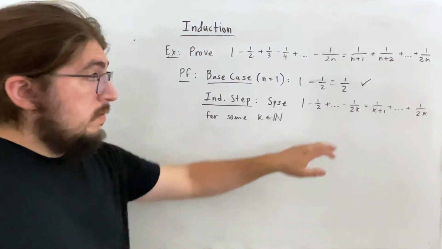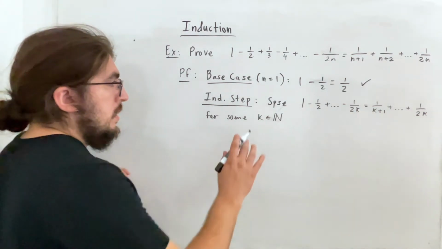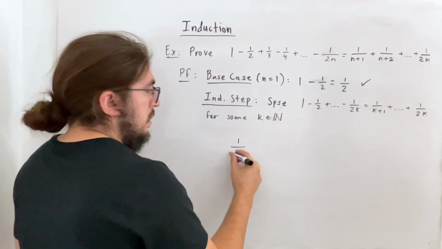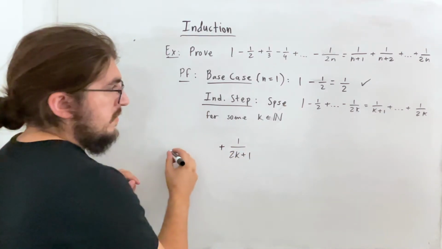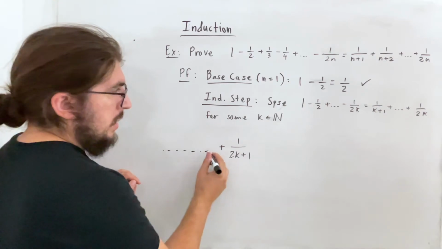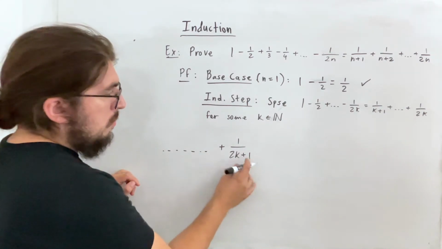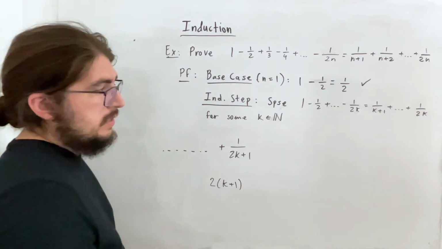So I'm going to notice here the next term would be, well, it's actually going to be 2k plus 1. So we have this whole side. I'm just going to write down the dot for that. And it'll be plus 1 over 2k plus 1. Well, that's not what we want. We want 2 times k plus 1 like this.